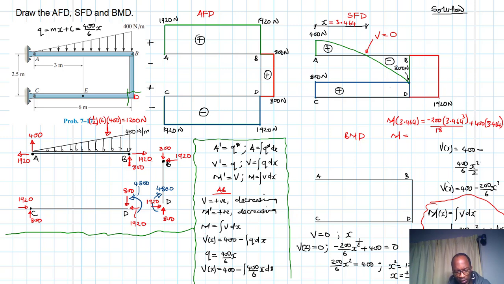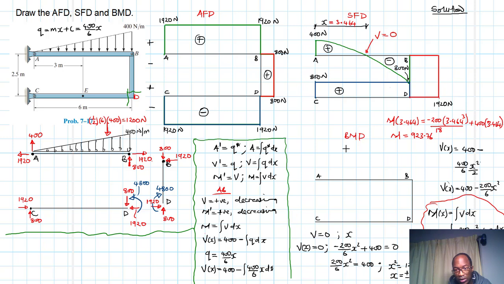So divided by our 18, then plus 400 times 3.464. What do we have? We have a bending moment of 923.76. Okay, let's repeat it.